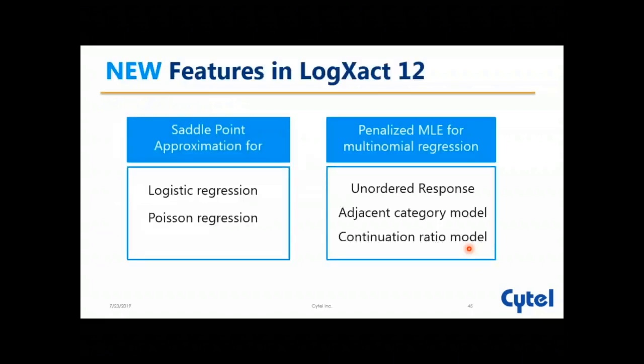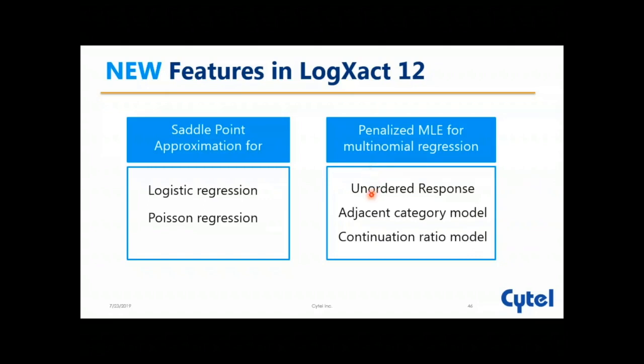To start with, let's see new features that are developed in LogExact 12. Mainly the saddle point approximation for logistic regression and Poisson regression for unstratified data, and penalized maximum likelihood estimate method for multinomial regression.